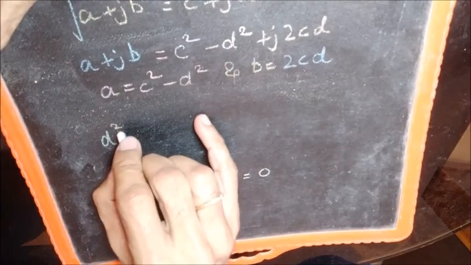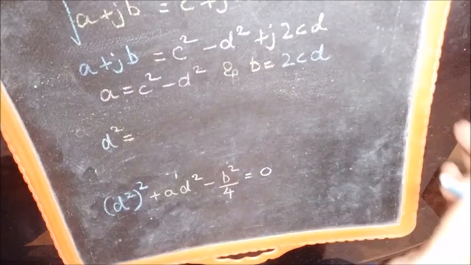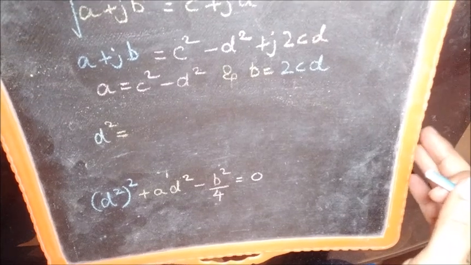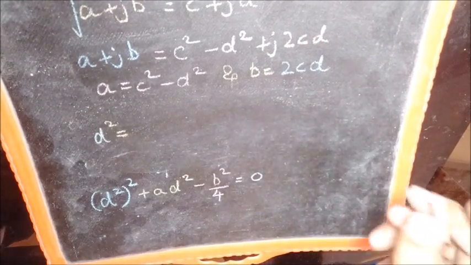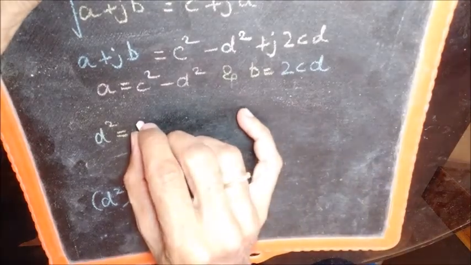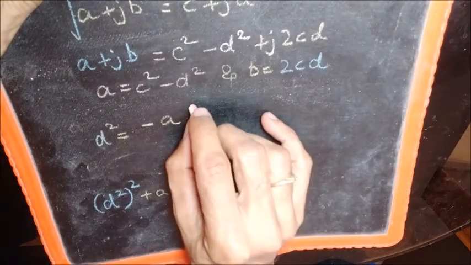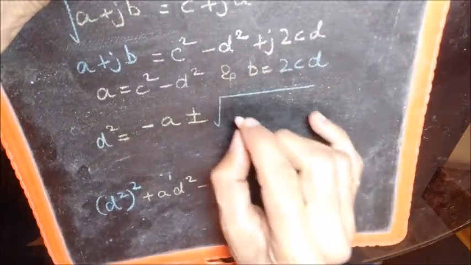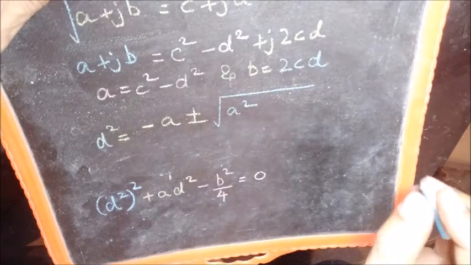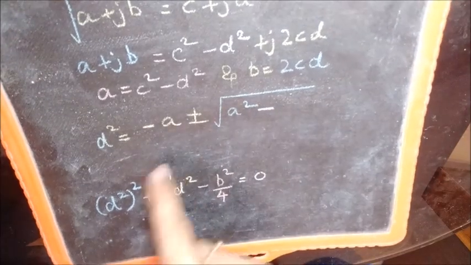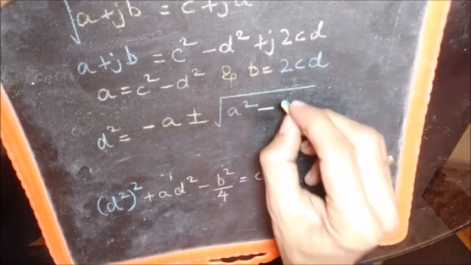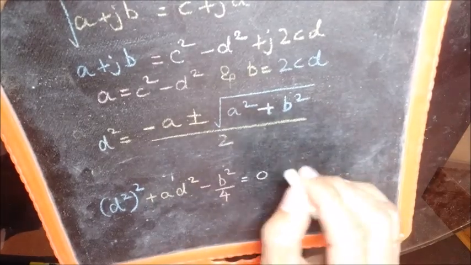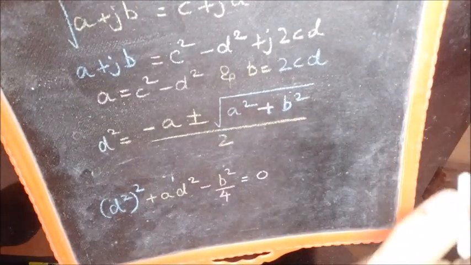I will not explain the steps, I will just write them straight away, because the solution of a quadratic equation is well explained in almost all basic textbooks. So d square is equal to minus a plus or minus root of a square minus 4 into 1 into minus b square by 4, divided by 2. So this is what d square is.